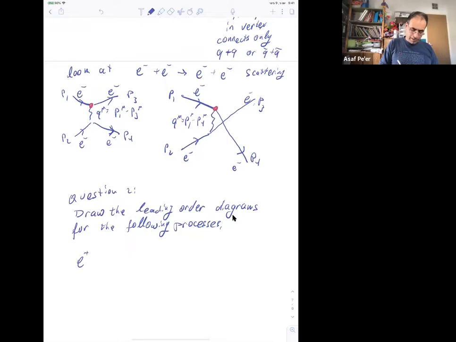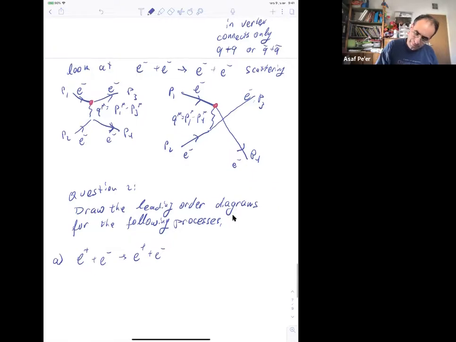And so if we have e+ e- goes to e+ e-, how many leading order diagrams do we have for that? How many leading order diagrams are there for this process?